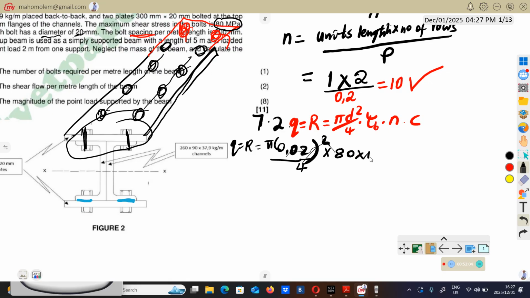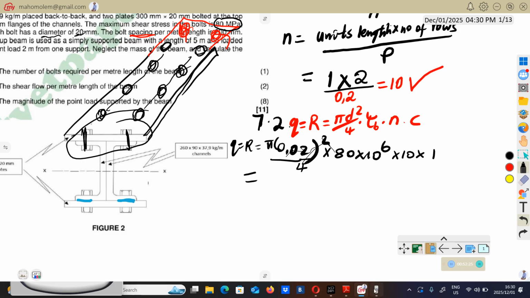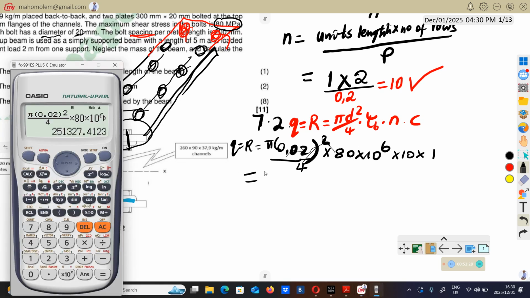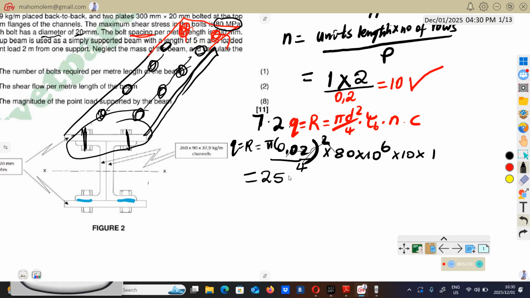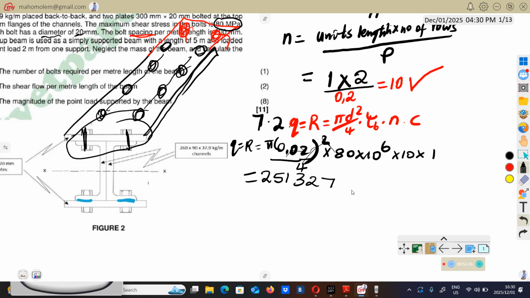Then I'll have 80 multiplied by 10 to the power 6. The number of bolts we calculated is 10. Then we're going to have a single shear. Then we press the calculator there, and we get 251,327 Newton.